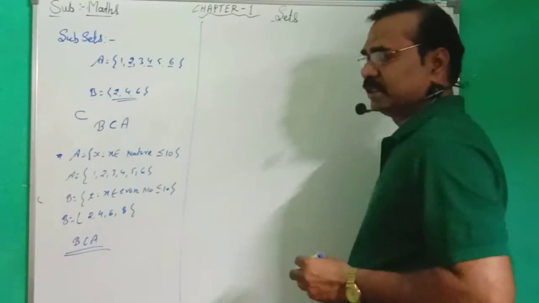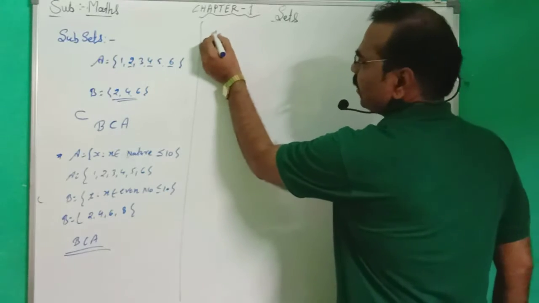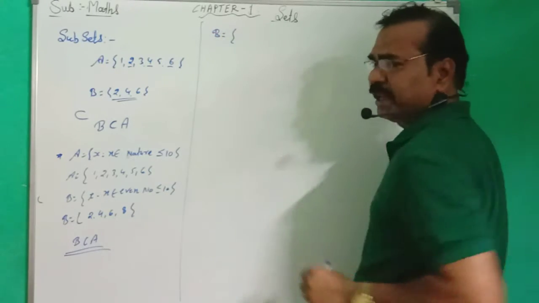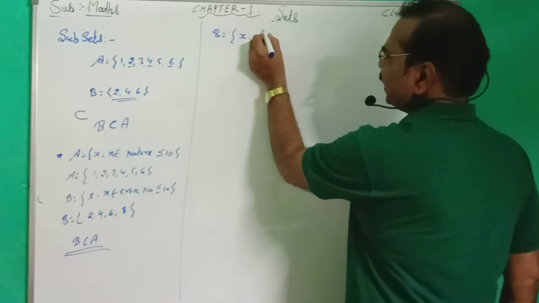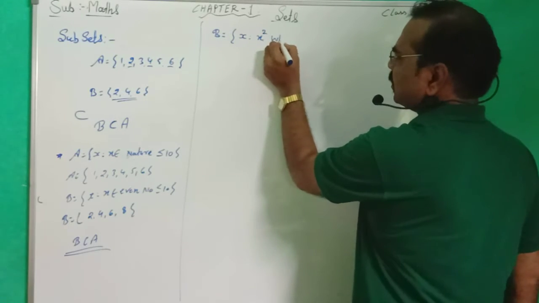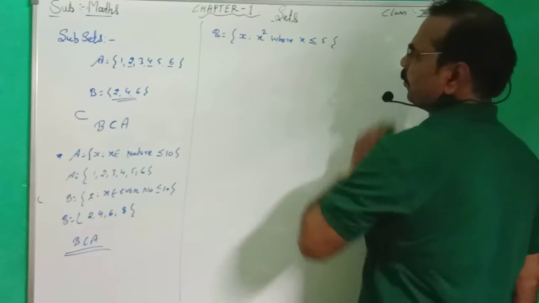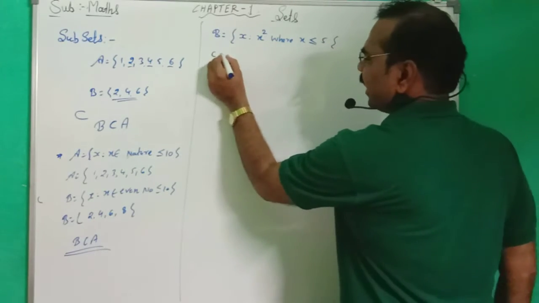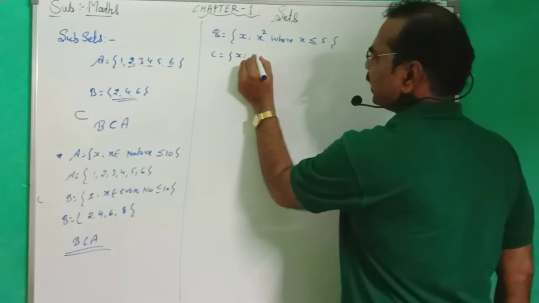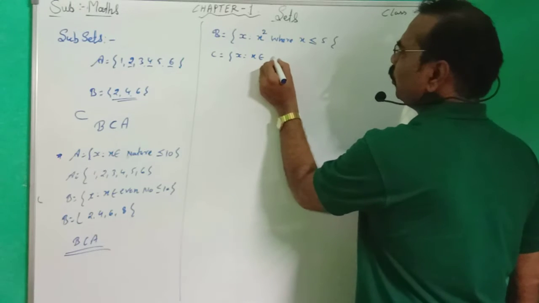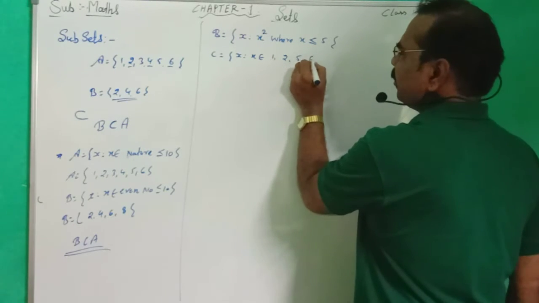Now we take another example. Suppose B is X such that X is the square of X where X is less than or equal to 5, and another set C is X such that X belongs to 1, 2, 5, 6.